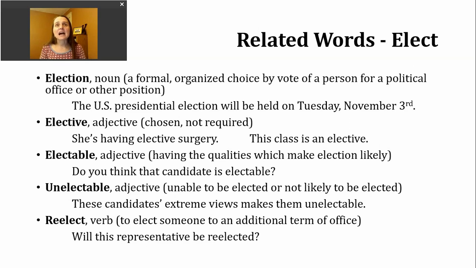So if we describe surgery as elective, you don't need it to continue living, right? There are some procedures that if we don't let a doctor perform surgery immediately, we might die. Okay? That is very much required surgery.